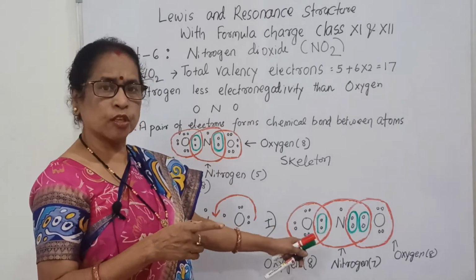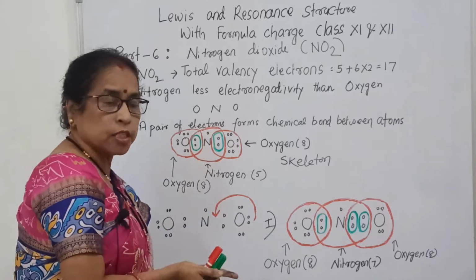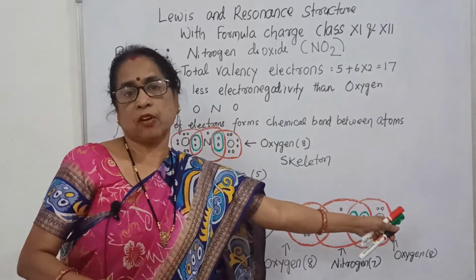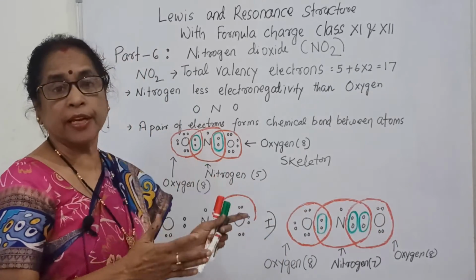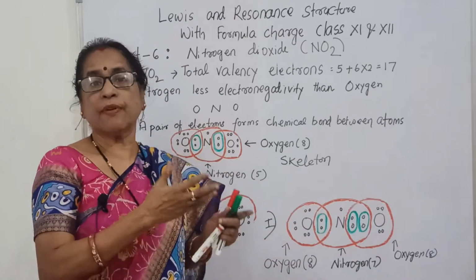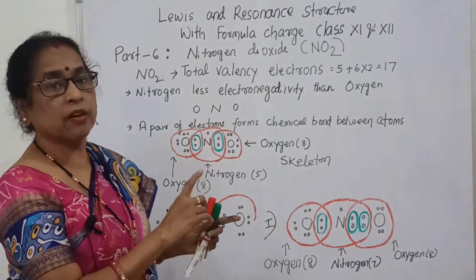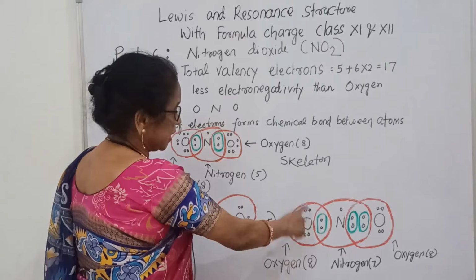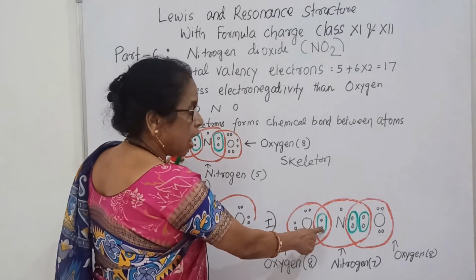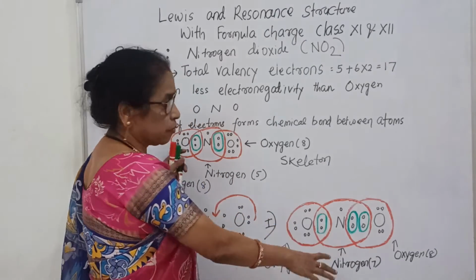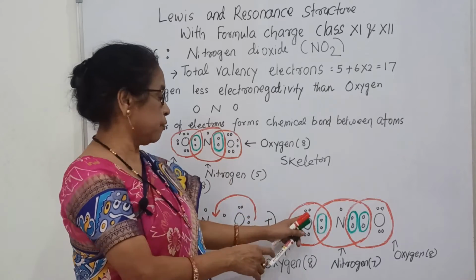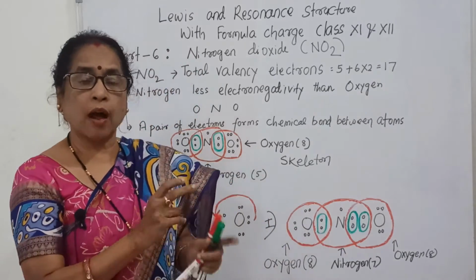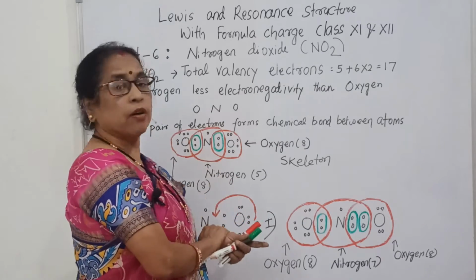Now see this structure after transfer from oxygen to nitrogen. What types of bonds are formed between nitrogen and oxygen? How many bonds form? This is one covalent bond, a chemical bond formed between the first oxygen and nitrogen, and here there are two pairs of bonds formed.